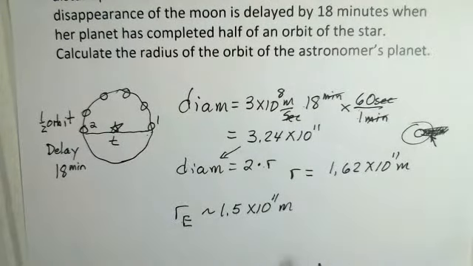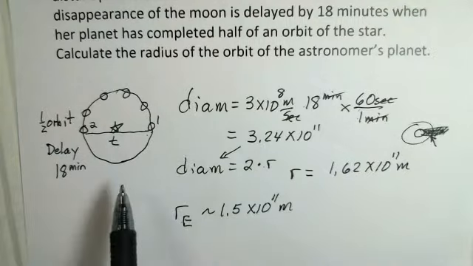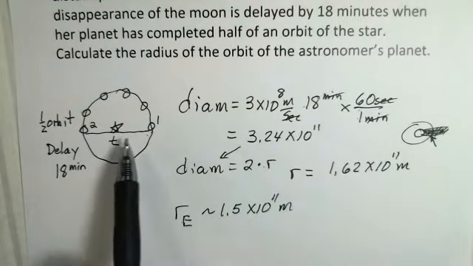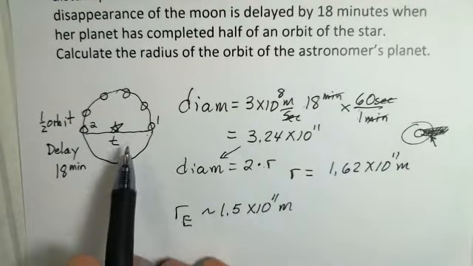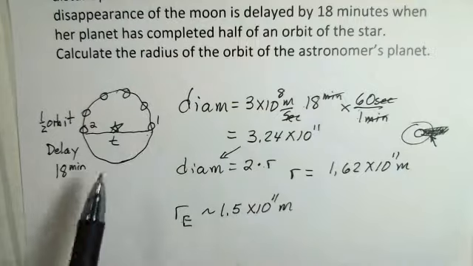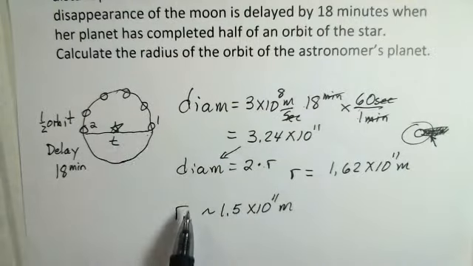There are a lot of different sizes of orbits, of course, for planets around stars, but it is a reasonable result. And this was done in the late 1600s by astronomers and gave an estimate of the speed of light, actually, as they had a rough idea of the size of the Earth's orbit.